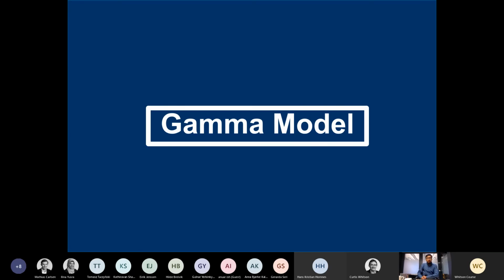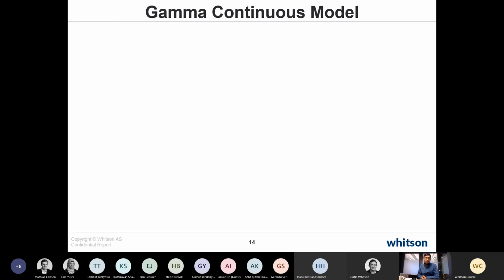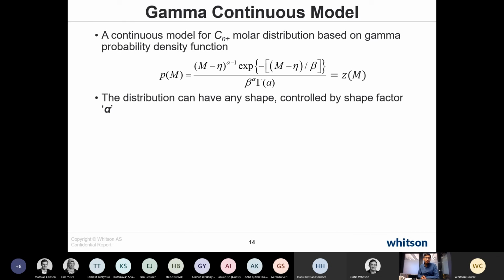Okay. So now we will discuss the gamma distribution model, which is a more general model, and that's something we use. And you can easily transform the gamma distribution model into an exponential distribution model. So why is it called a continuous model compared to the exponential model, which was discrete?